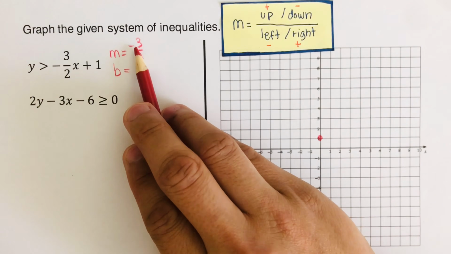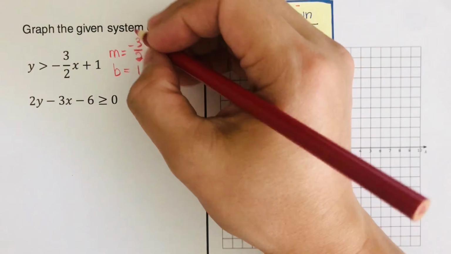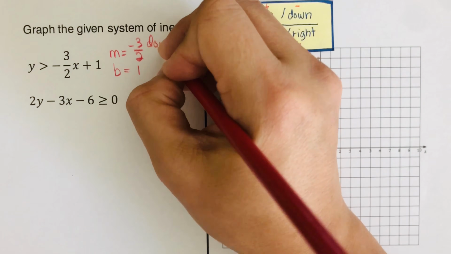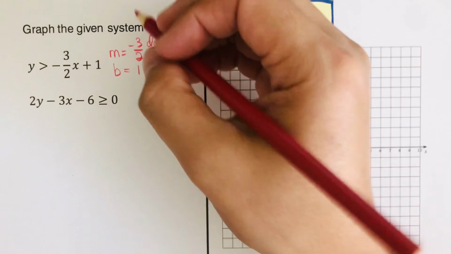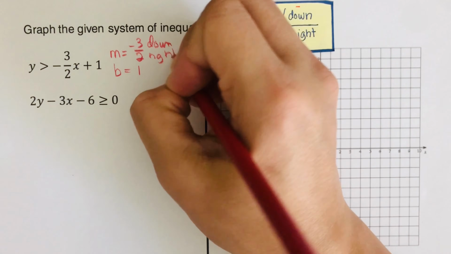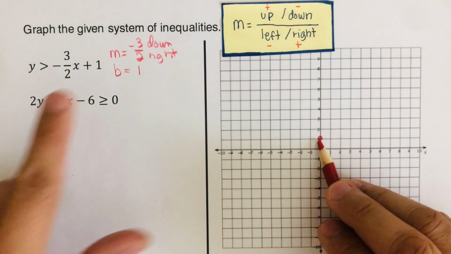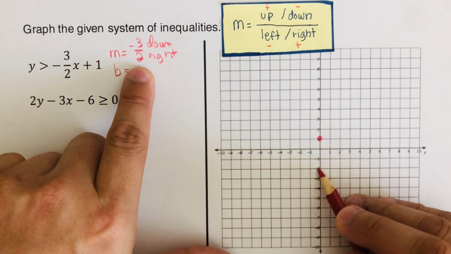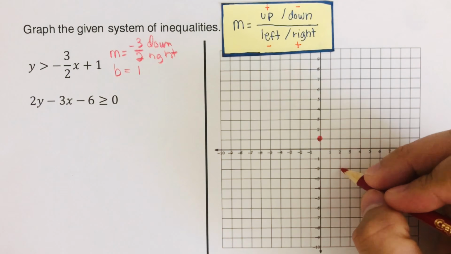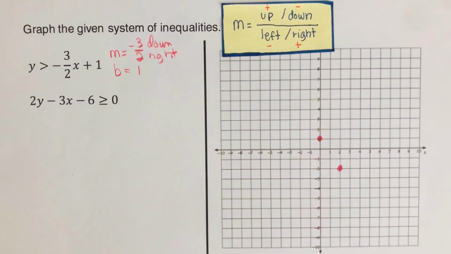Since this is a negative 3, that means we go down 3. And since this is a positive 2, we go to the right 2. So from here, I go down 3: 1, 2, 3. Then I go to the right 2: 1, 2. So this is the second dot.